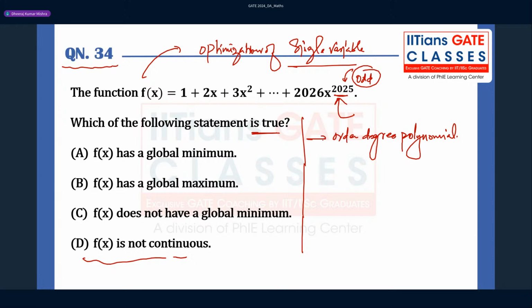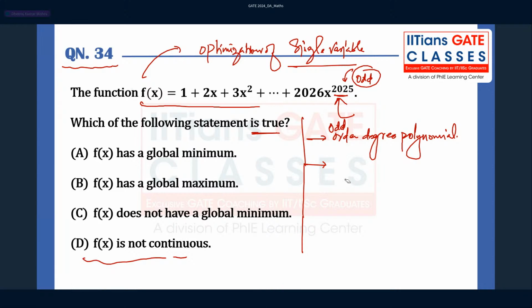If you have attended my class, since it is an odd degree polynomial, you can consider this f of x, any small odd degree polynomial. Let me erase this.